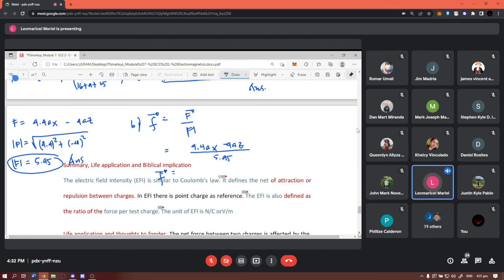So what is your unit vector F? Answer, 4 decimal places. It's a unit vector yan. 4.4 divide 5.95 is 0.7395 ax, minus 4 over 5.95, 0.6723 az.